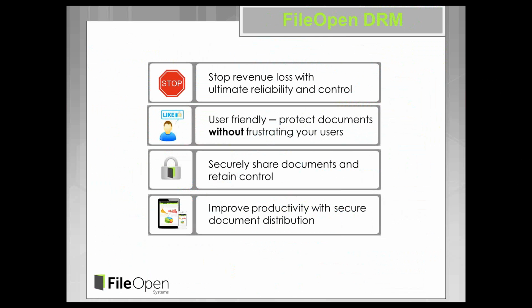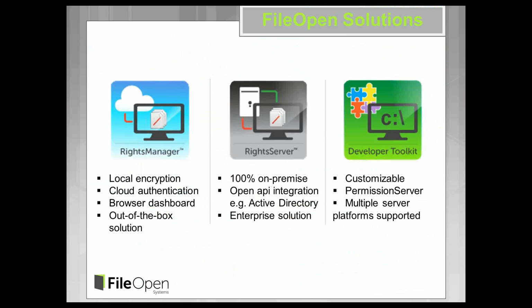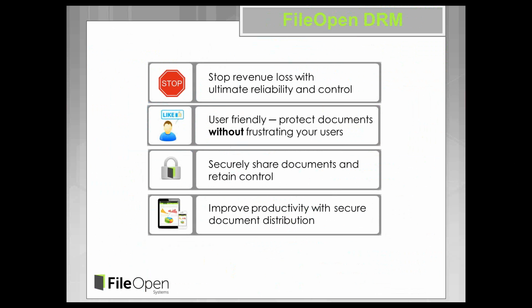So we provide a very friendly end-user experience to accessing those documents with no need for passwords if you don't want to use passwords, with only one-time authentication per device that the user accesses the documents on. That results in the ability to securely share information because you have to have the two things combined with security and end-user accessibility. And once you have that successfully combined, then you can distribute your documents securely and with confidence that they will only be accessed by people who have authority to do so.